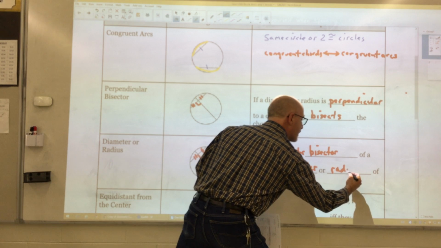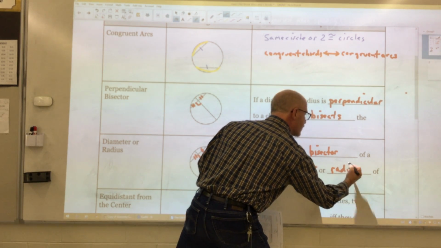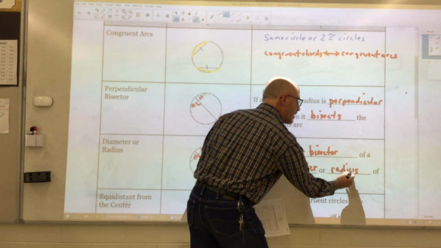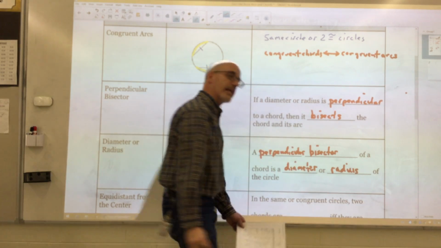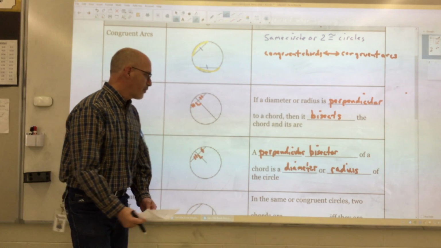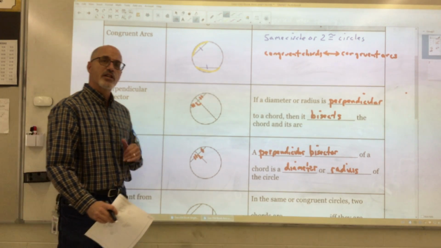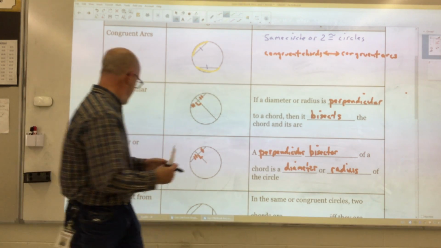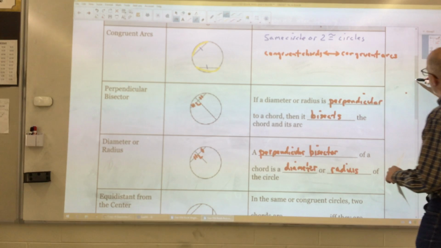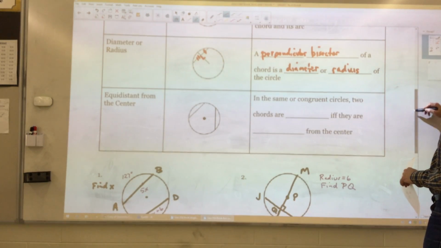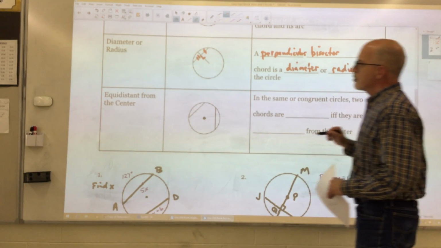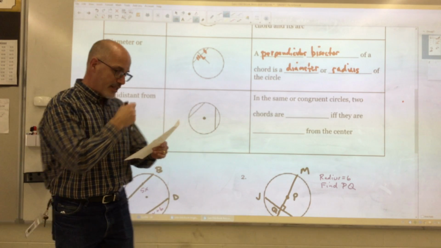That's helpful because oftentimes we use, for instance, a radius to find area or arc length or different measures. So if we know that it's perpendicular to it and bisects that chord, it's going to be that diameter or radius.